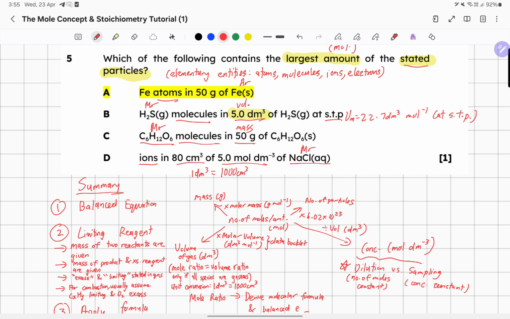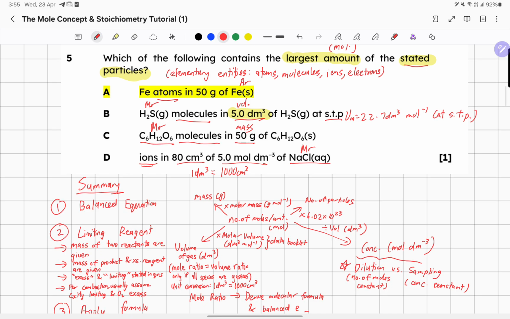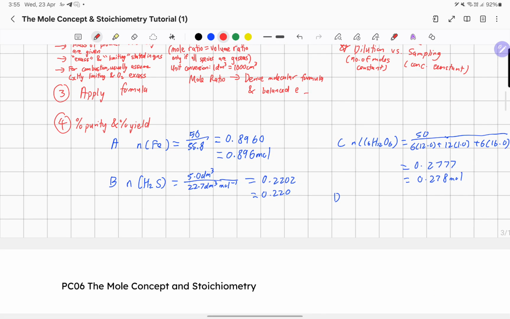Okay, be careful over here, this says ions, and 1 mole of sodium chloride can give you 1 mole of Na+ ion, as well as 1 mole of Cl- ion. So this means you have to multiply this by 2.